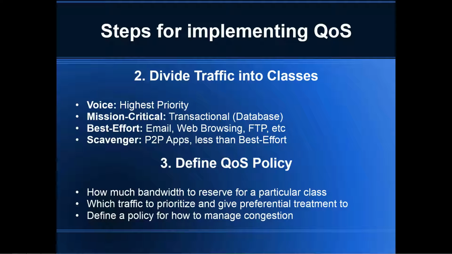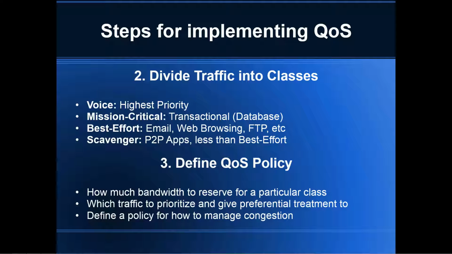So once you actually divide it into our different classes, we have to define our policy. How much bandwidth or how much section of our bandwidth are we going to be sending to specific departments or applications or areas for our different defined classes.